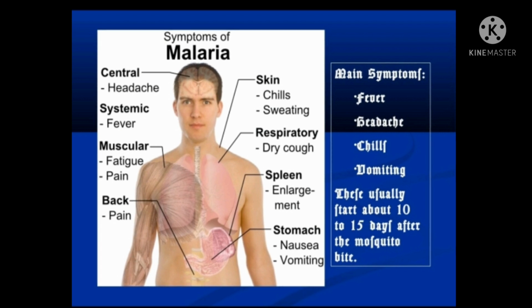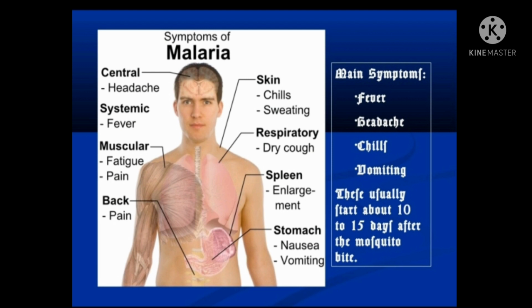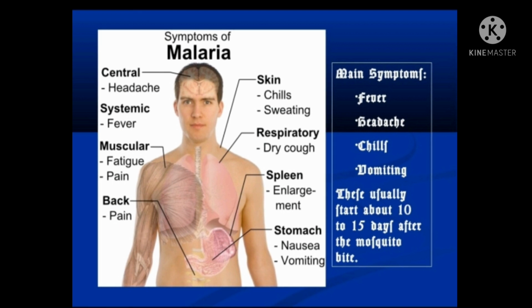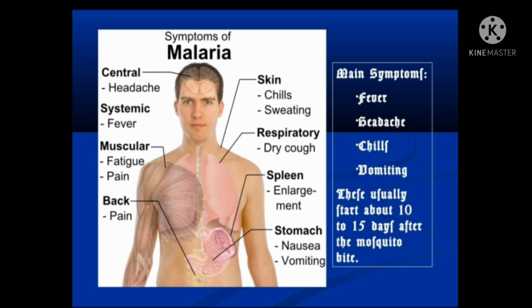So the main symptoms involve fever, headache, chilling, followed by vomiting. They usually start about 10 to 15 days after the mosquito bites. So you have a time period of 10 to 15 days before your symptoms start showing up.